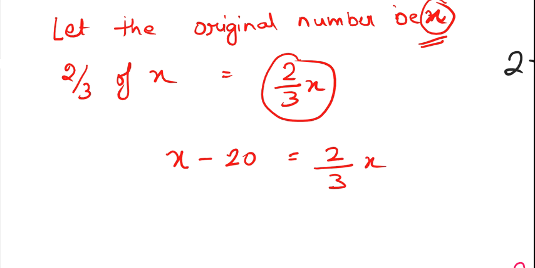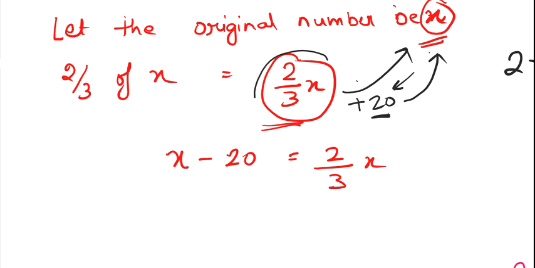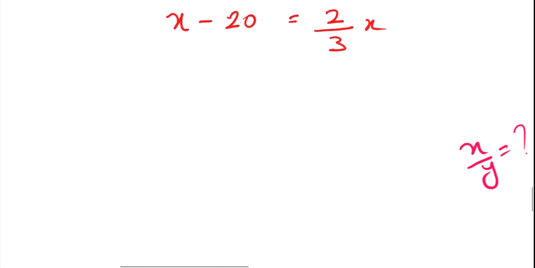If this number is 20 less than the original number, then if I add 20 to this, I will get the original number. So we got the linear equation. We need to solve it, and after solving we will get the value of x, and x is our original number.